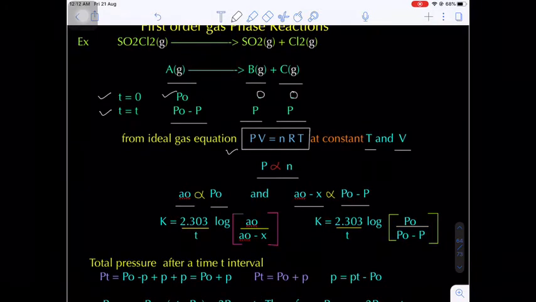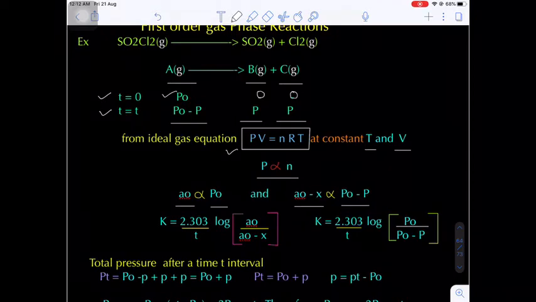Now what is the first order kinetics rate constant expression?